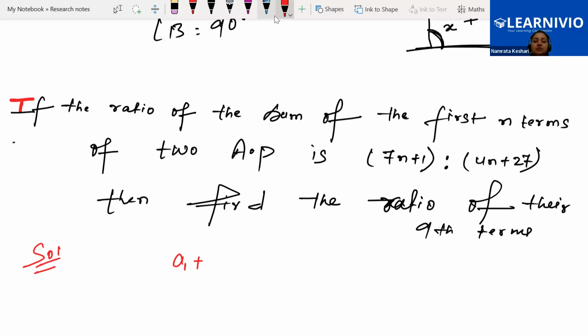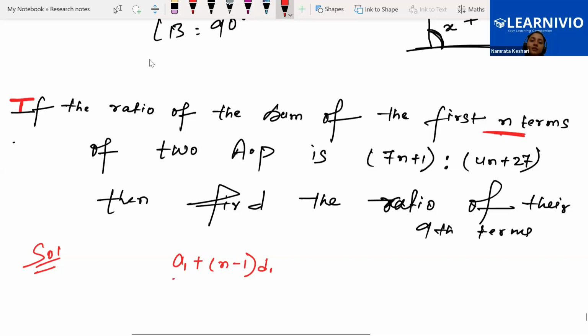A plus n minus 1 into D, right? Yes or no? So let's say the first term of the first AP is A1 and the common difference is D1.